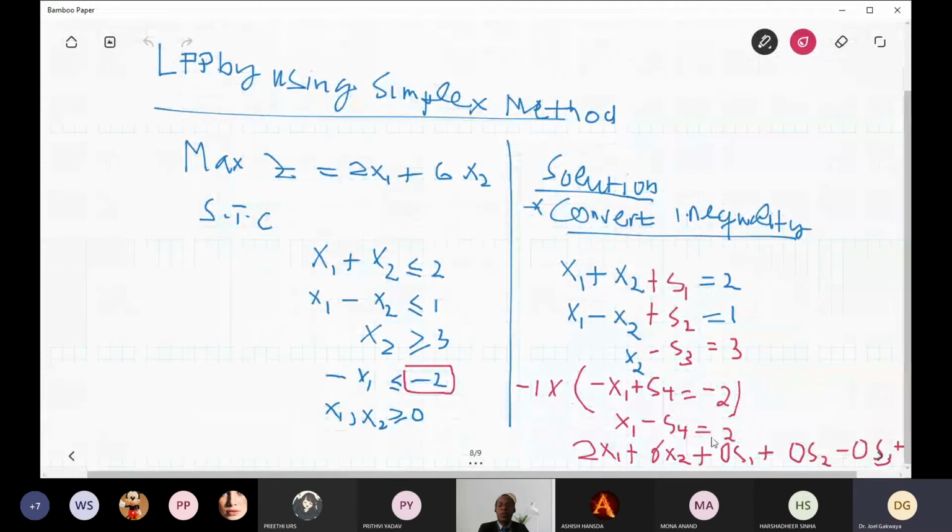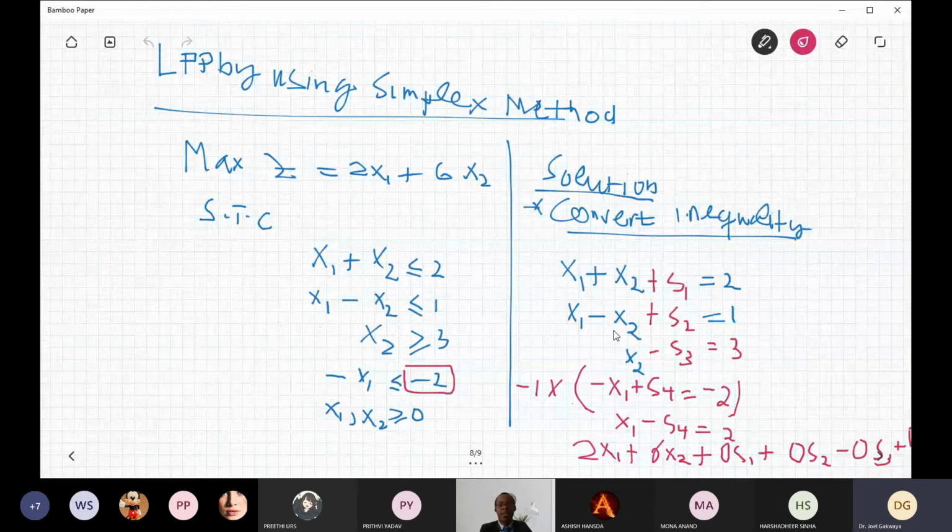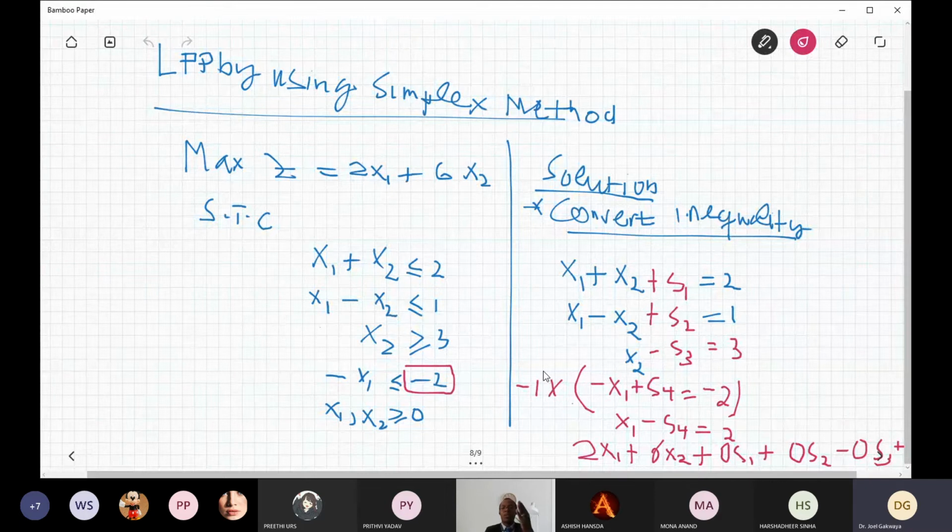Once we've done this, we have to write our equation into table format. Then when time permits, for the second time, we shall find ZJ.